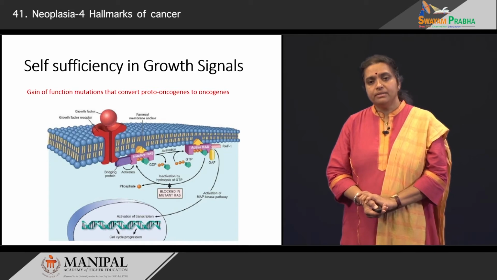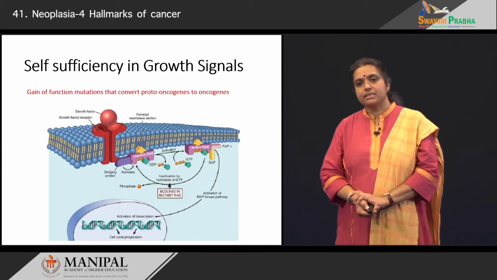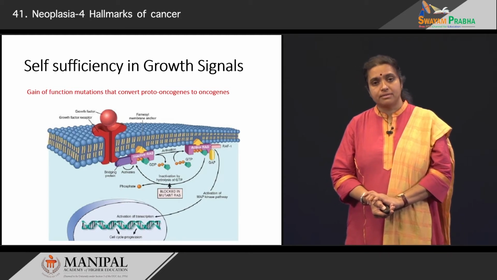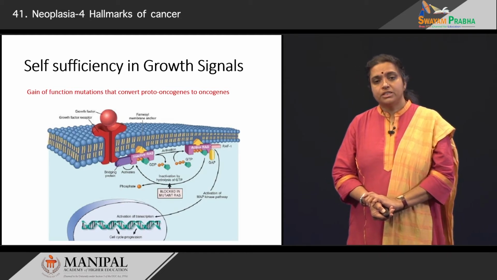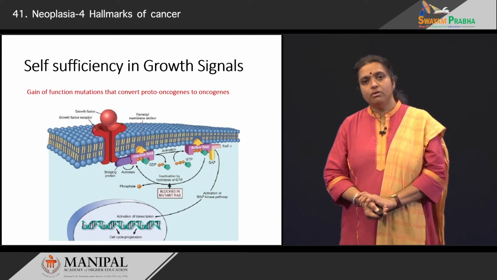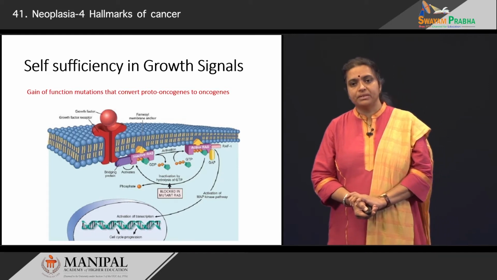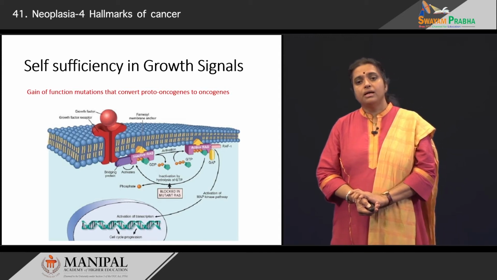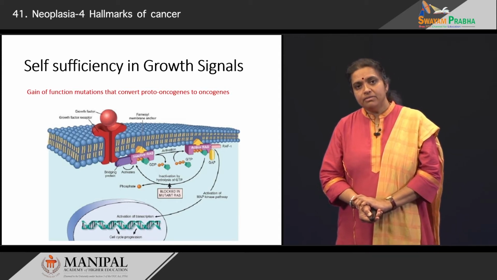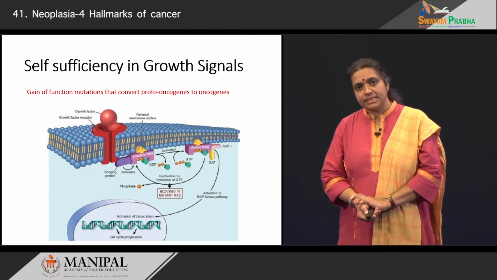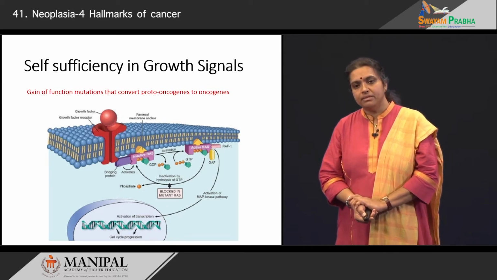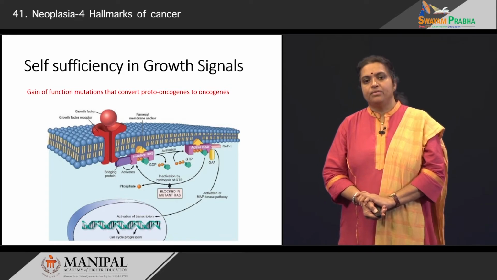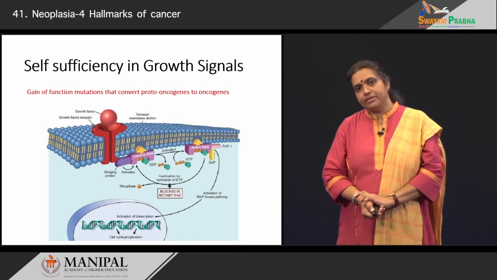Once it is activated, there are a series of events that takes place within the cytosol, the signal transduction, which is mediated by a whole lot of proteins, the RAS being one of the important signal transducers, which after a cascade of events ultimately deliver certain signals to the nucleus, where transcription is activated.